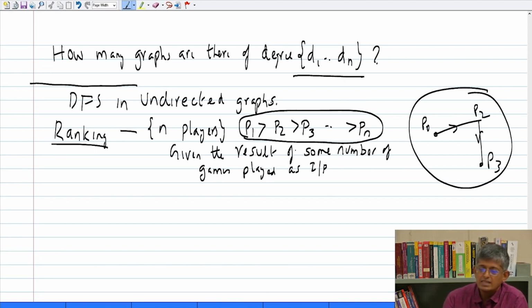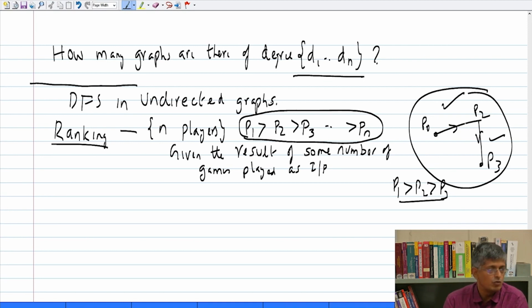What you can see is only the outcome of the games, you don't know the global ranking among all the n choose 2 pairs. But you see only some pairs. You see P1 and P2 play, you say, oh, P1 is better than P2. Then you see P2 beat P3. Then you know P2 is better than P3. Should P1 and P3 play, or do you already have the information? You already have the information. So therefore, there is a unique ranking here where P1 is better than P2, which is better than P3, that you can print out immediately, just by playing only 2 games of the possible 3 games.